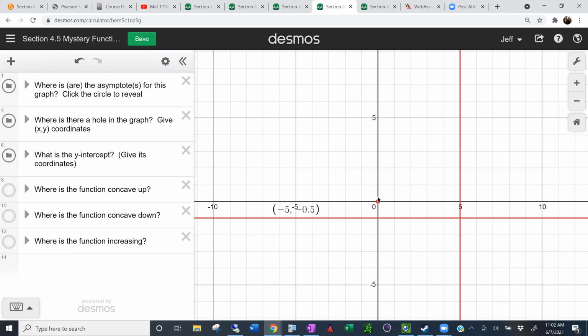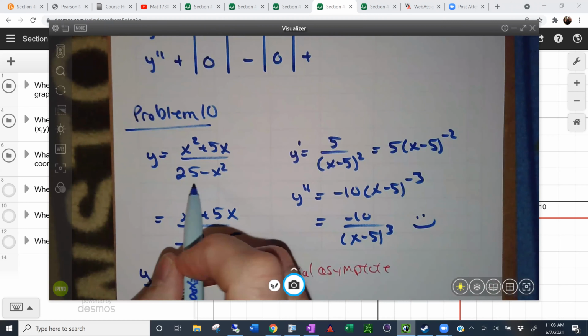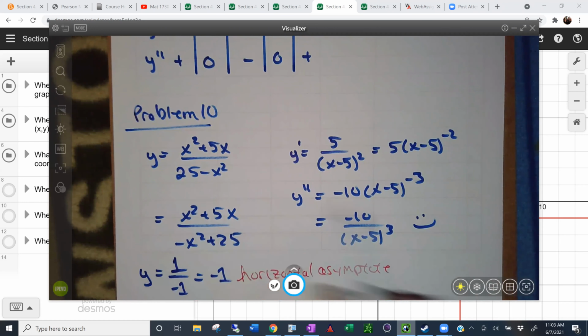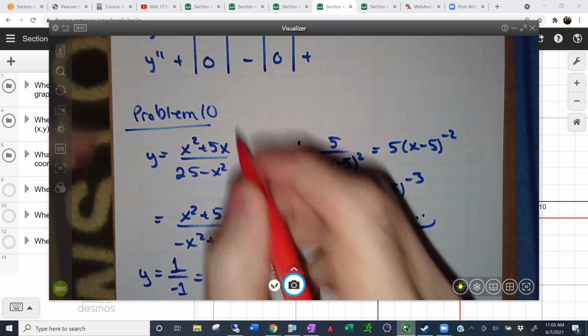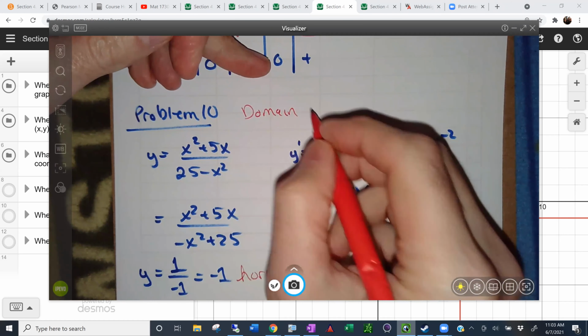Time to do some calculus. We've got our first and second derivatives. The thing about the testing here is that you've got to be a little bit careful. The domain of this function, we didn't really determine it, but for the domain of the function, you can't put in x equal 5, nor can you put in x equal -5. So our domain is everything but 5 and -5.